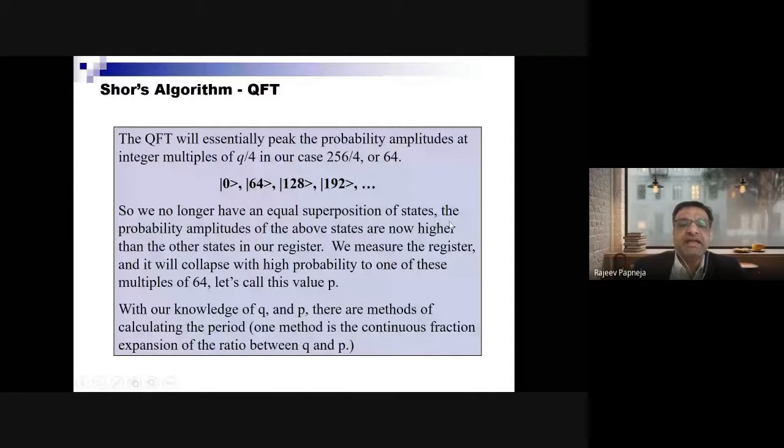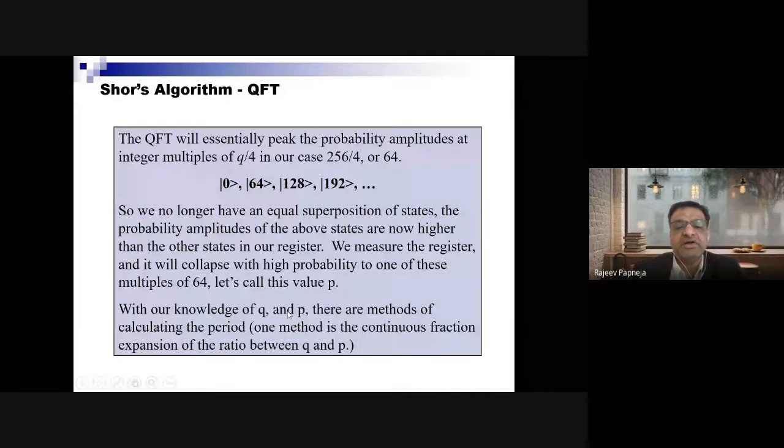Using quantum mechanics, using the quantum Fourier transformation, the probability amplitude of the above states are higher than the other states in our register, because they were all in superposition states. So quantum found out that these states have higher amplitude than any other. So we measure the register and it will collapse with high probability to one of these multiples of 64. Let's say it collapses to P.